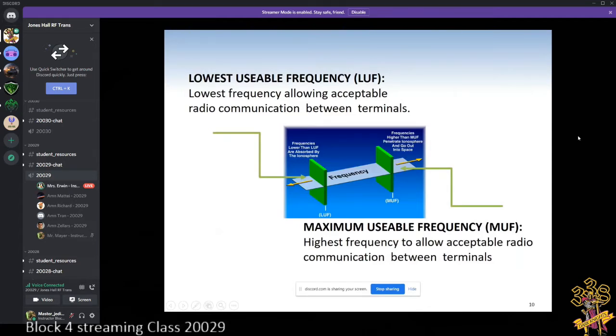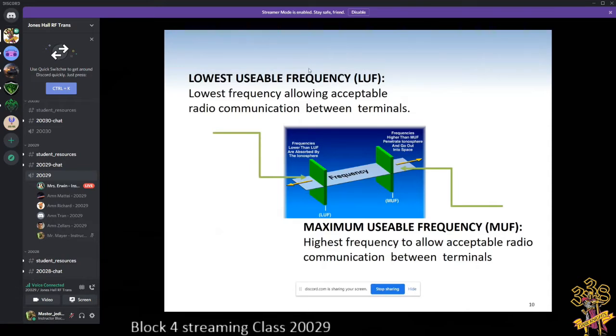At any particular point in time, and for a particular communication shot, you're going to have a lowest usable frequency. And it's exactly what it says: the lowest frequency you can use in your receiving terminal to get an acceptable signal.